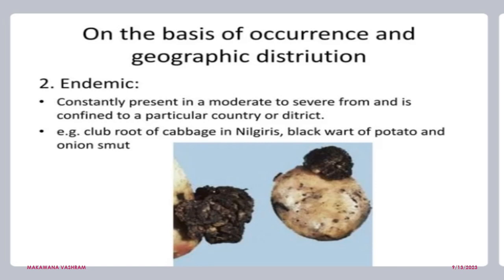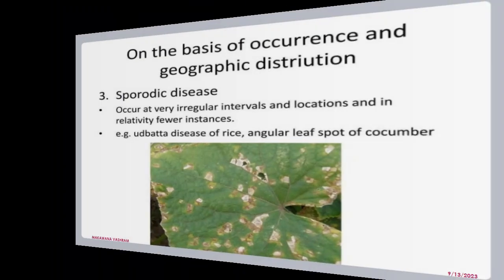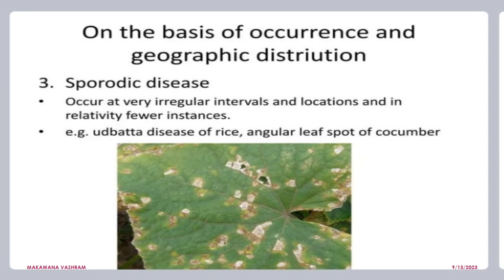On the basis of occurrence and geographic distribution. Endemic: constantly present in a moderate or severe form and confined to a particular country or district, like club root of cabbage in Nilgiris, black wart of potato, and onion spot. Sporadic disease: occurs at very irregular intervals and locations and in relatively few instances.